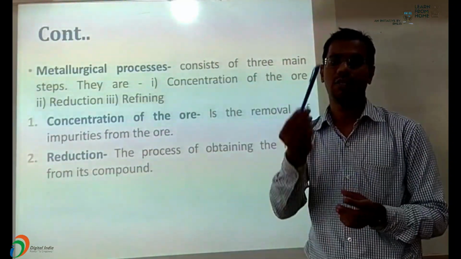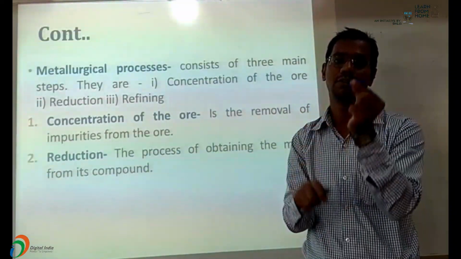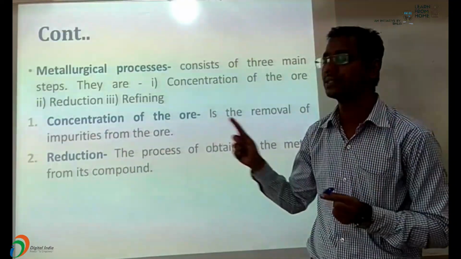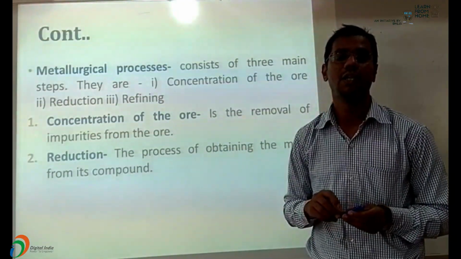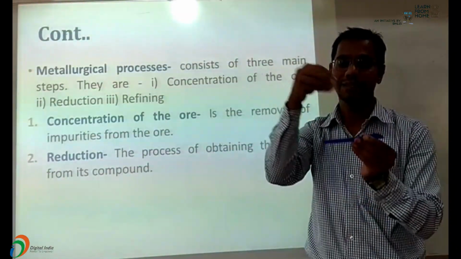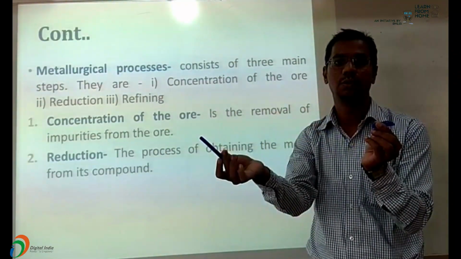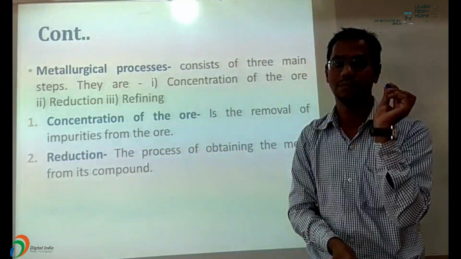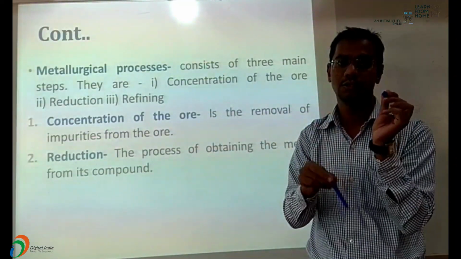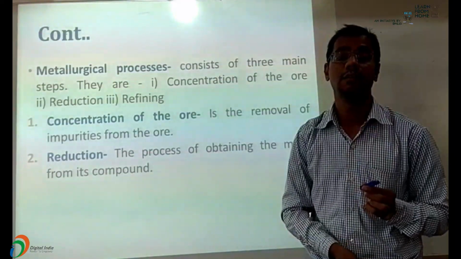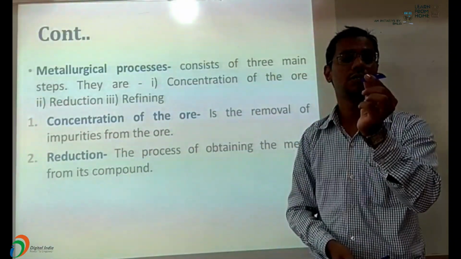But I am not interested in the ore. I am interested in the metal. So what I will do is reduction. What is meant by reduction? Reduction means adding something so that it can easily be removed and we get this one, or increase the concentration of this one.